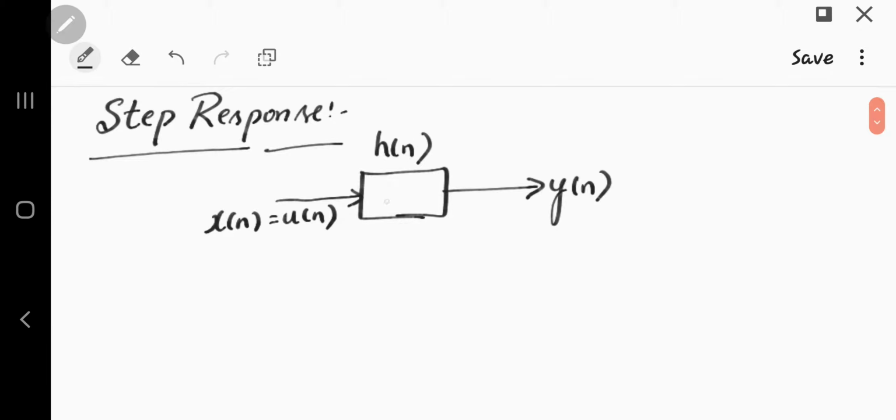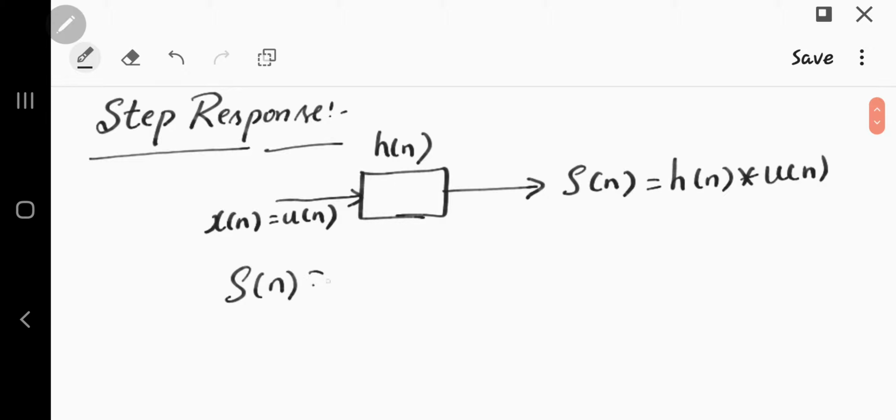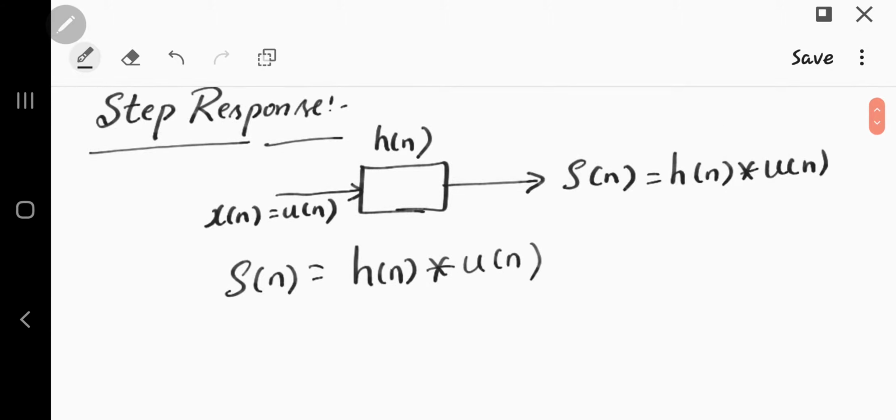Now this step response is usually denoted not by y of n, but by s of n. So s of n is equal to h of n convolved with u of n, or u of n convolved with h of n.